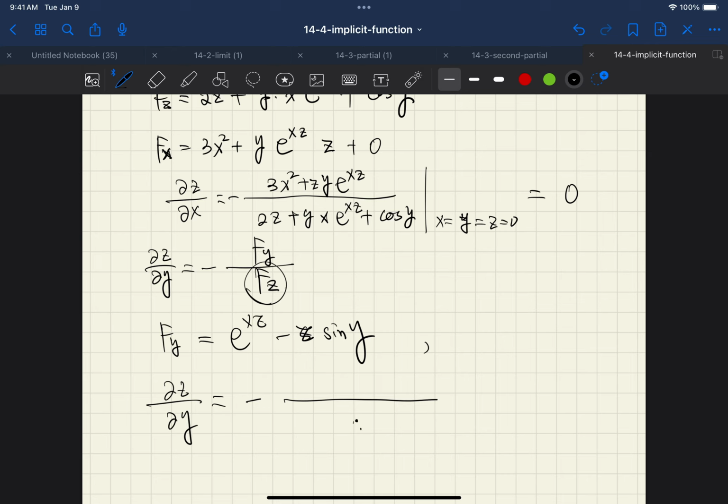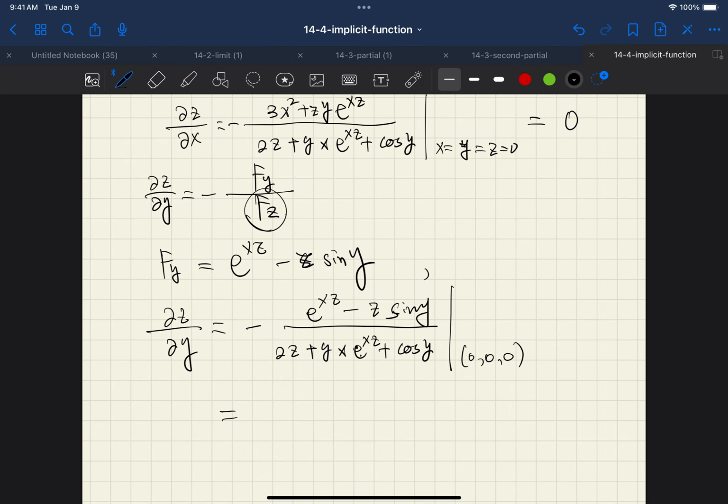Taking 0, 0, 0 and replacing every variable by 0, the numerator is 1, the denominator is also 1, which gives me negative 1.